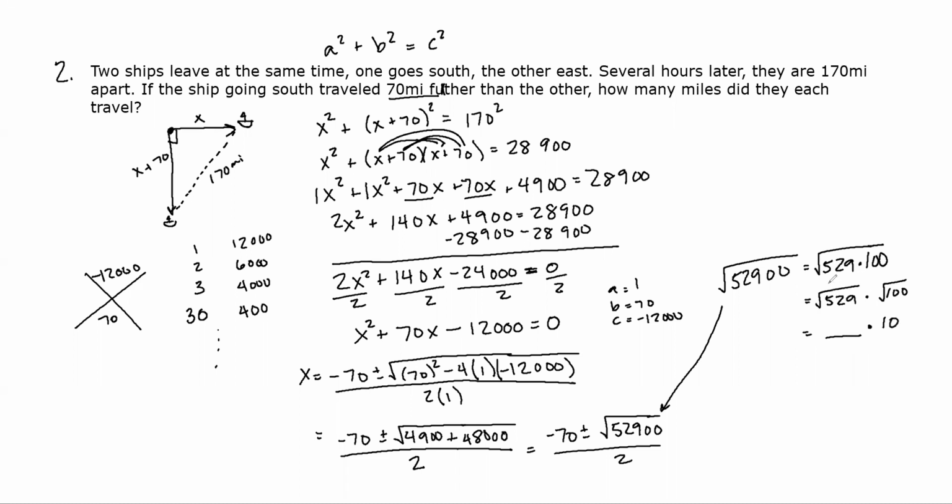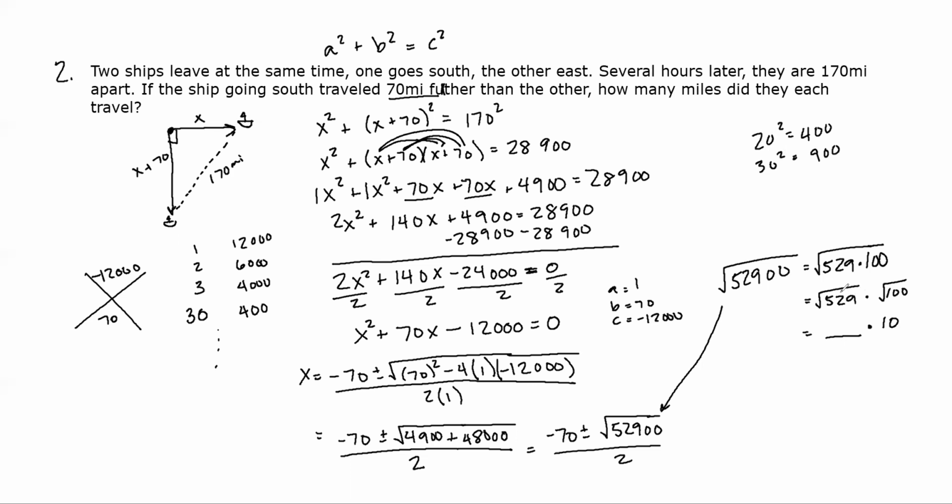Now, square root of 529, smaller number to work with. 529 is bigger than 400. So I know 20 squared, 20 times 20 is 400, but 30 squared is 900. So it has to be a little bit closer to 20, and it has to be between 20 and 30. Another clue you can use here is that it ends in a 9.